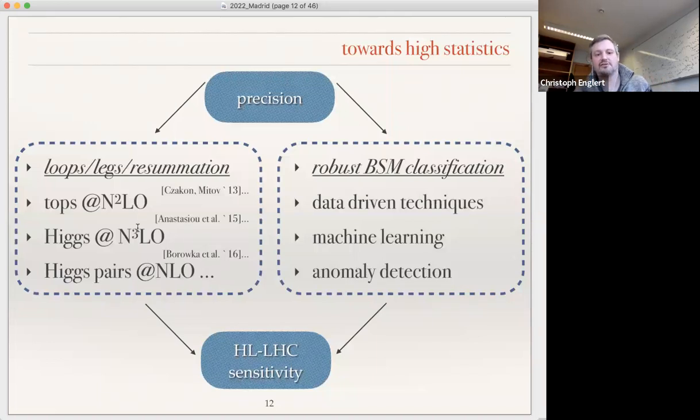Higgs production is known at N^3LO. And Higgs pairs, for instance, as additional candles of BSM interactions, are known now at full next-to-leading order, introducing the top mass threshold really as a finite concept there, which is important. So that's one avenue with which you can increase high luminosity LHC sensitivity estimates.